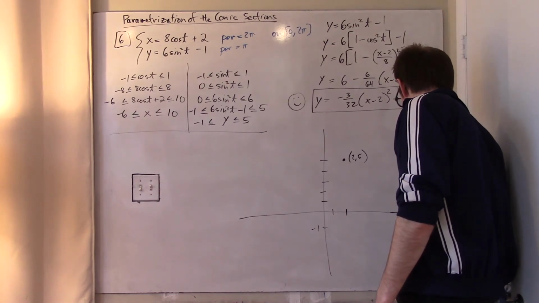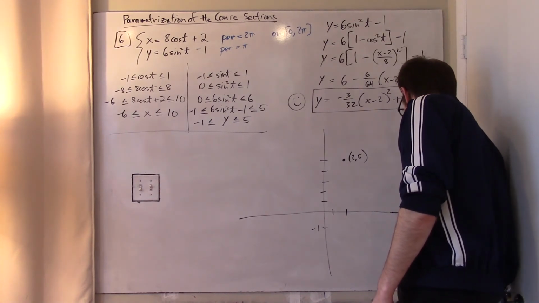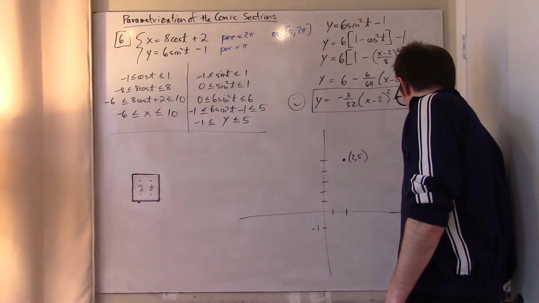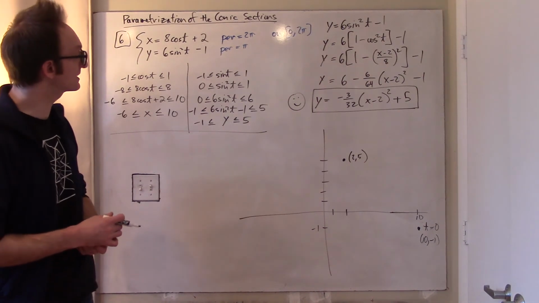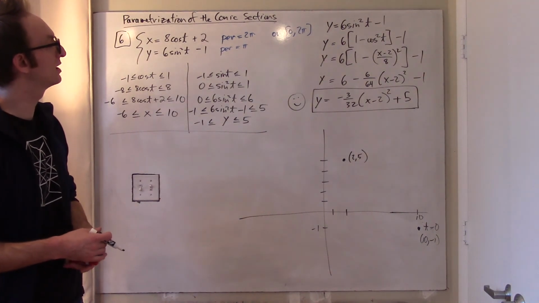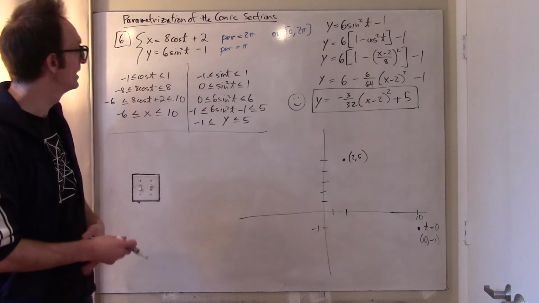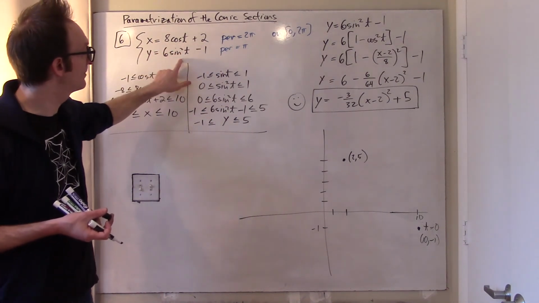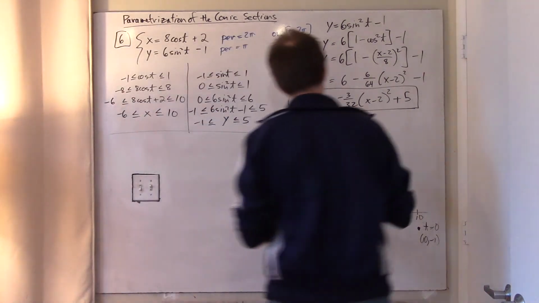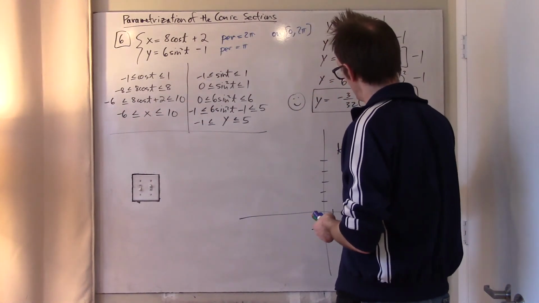That is t equals 0, 10 comma negative 1. And, well, what next? Maybe now I shall plug in pi over 2. If I plug in pi over 2, cosine pi over 2 is 0, so I get 2 comma 5. So it's here when I am at pi over 2.